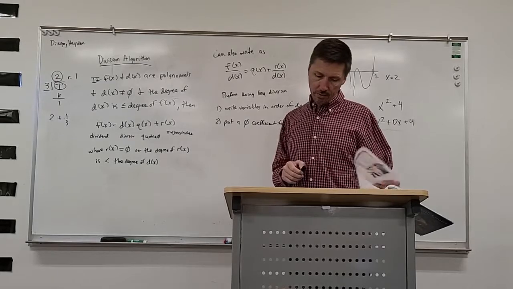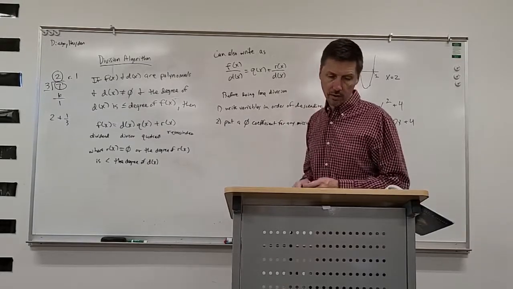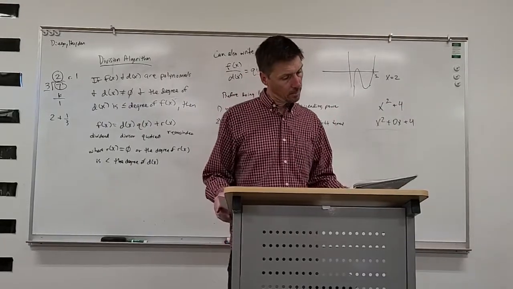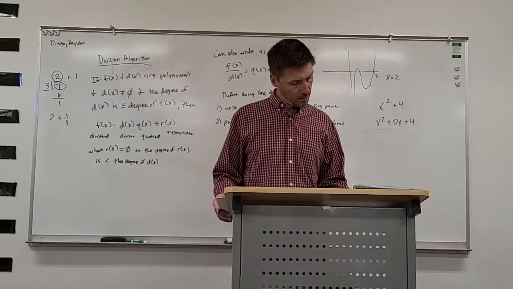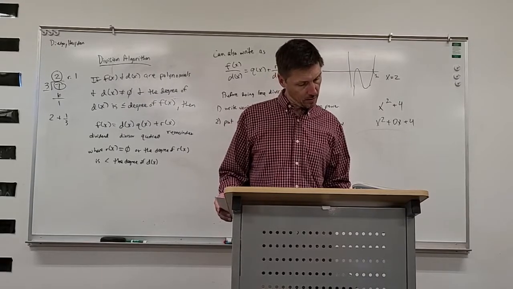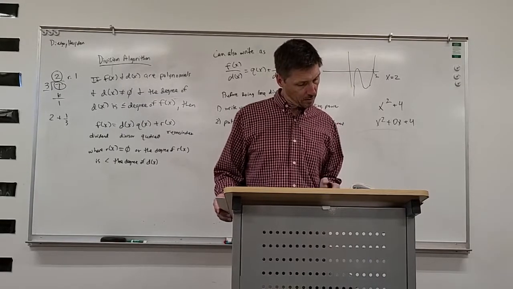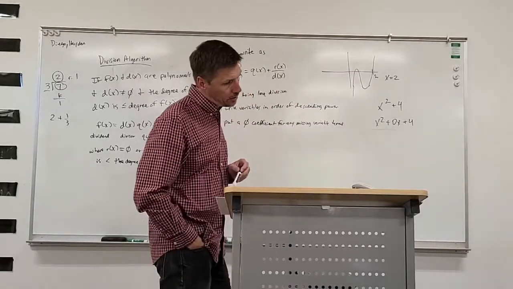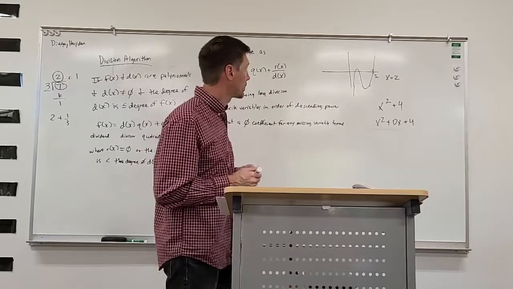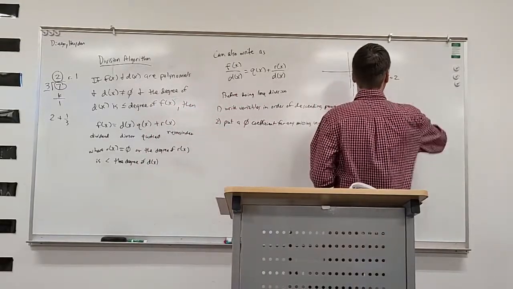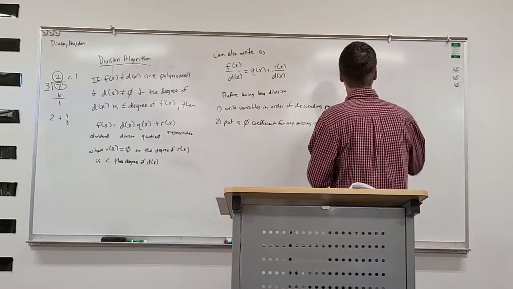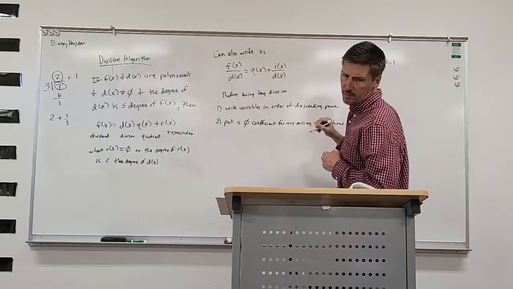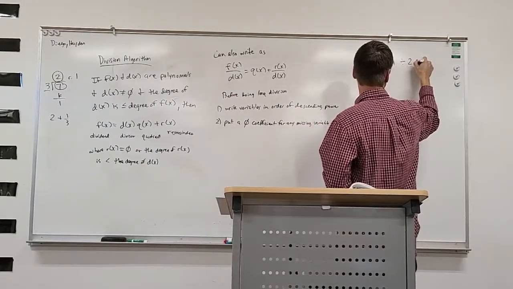All right, let's do another example, page 115, and let's see what that says. 8x cubed minus 1 divided by 2x minus 1. So 8x cubed minus 1 divided by 2x minus 1.